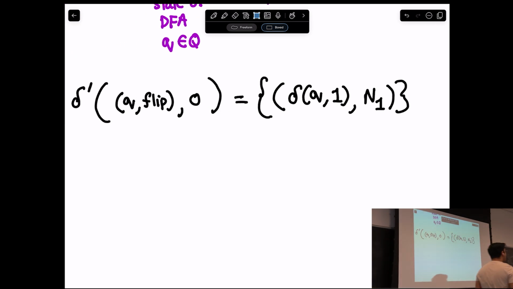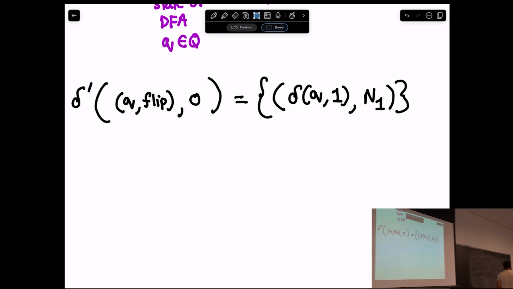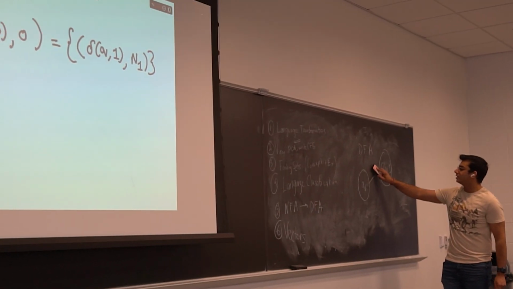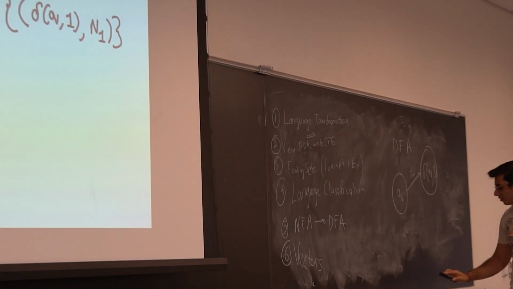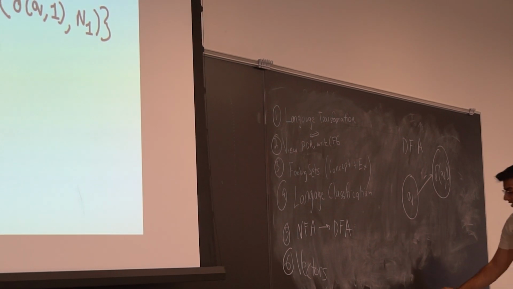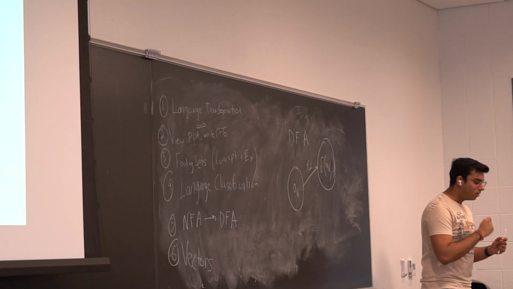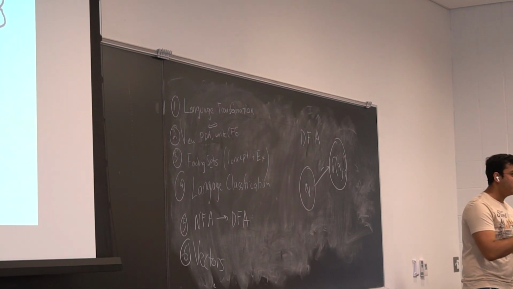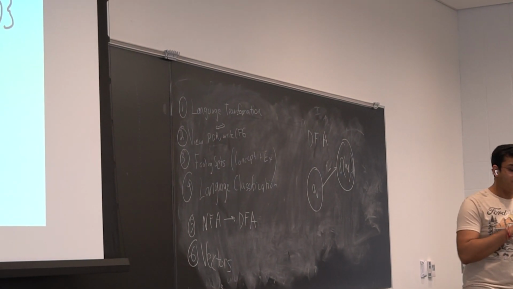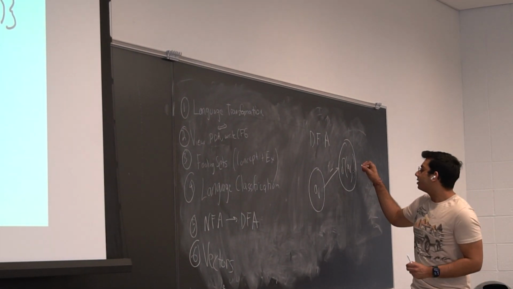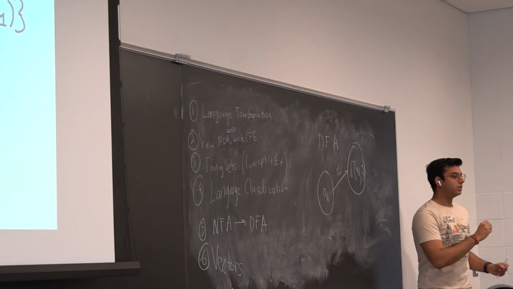Okay, let's say I was in some state Q, comma, flip in my NFA, and I read a 0 instead. So if I read in a 1 instead, and I need to flip the character. Well, if I'm in my NFA, and I know I read in a 0, or I read in a 1, and I know that the next character, I need to flip it before passing it in, I go to delta of Q, comma, 0. Agreed?